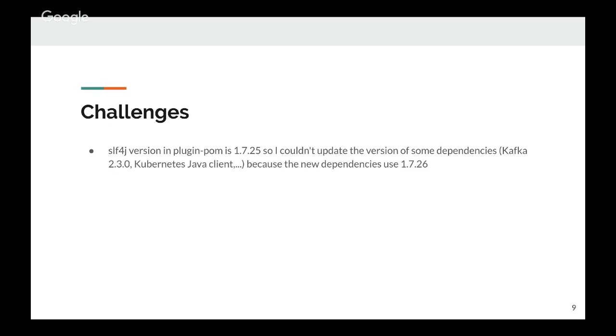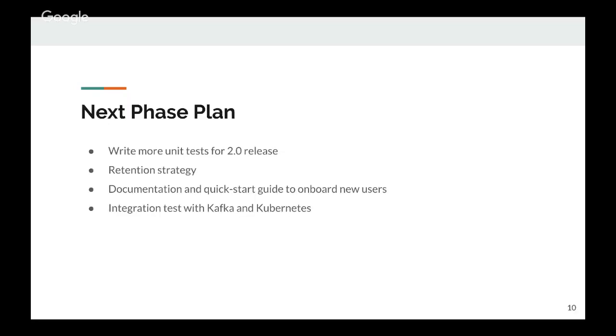The next phase, the phase 3 plan, is okay. So now we have the 2.0 beta version, and most features are implemented, and we just need some more unit tests to officially release the 2.0 version.